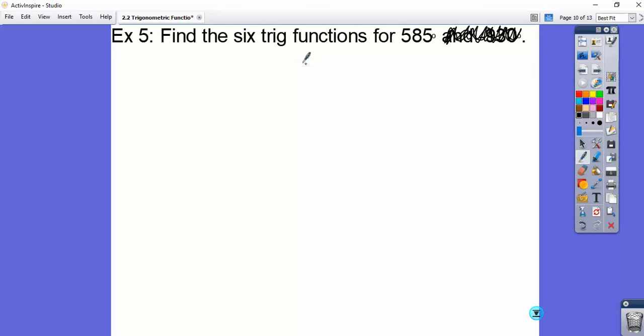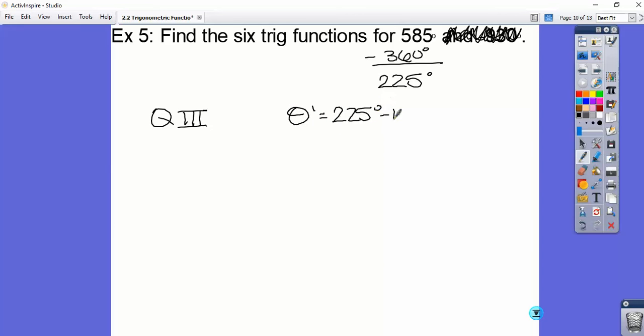Subtract 360 first. So that gives me 225. What quadrant is 225 in? 3. Okay, reference angle. In quadrant 3, you subtract 180, which would give us 45.